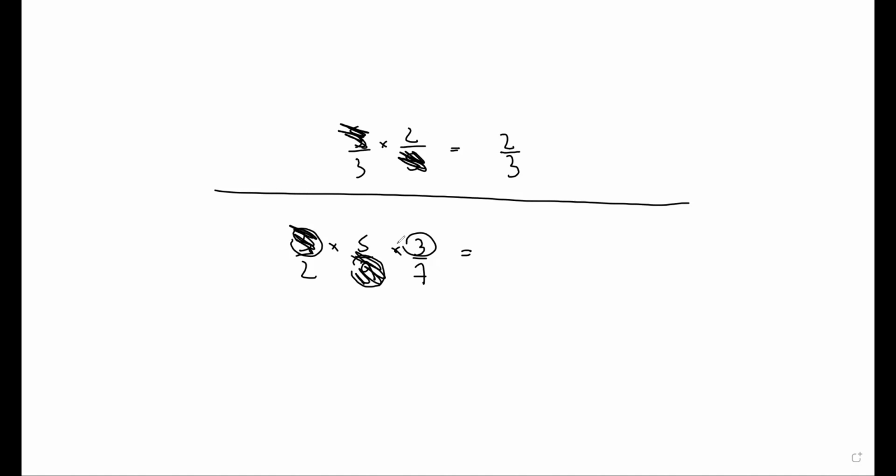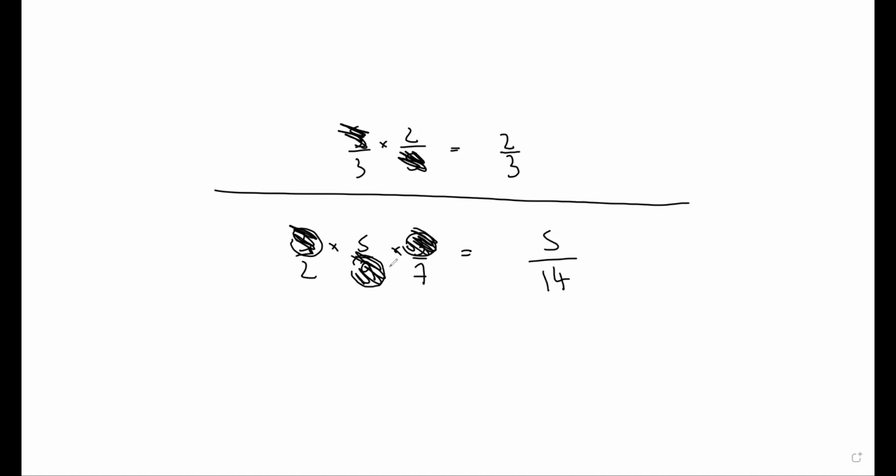So you got to do both the 3s so that you're technically taking a 9 out of the top and the bottom. And then you get 5. And on the bottom, 2 times 7 is 14. And if you happen to scratch out all the numbers on the top or the bottom, you just replace it with a 1. Because a lot of people are like, what if they're all scratched out on top? Then I got nothing. In that case, you got a 1.